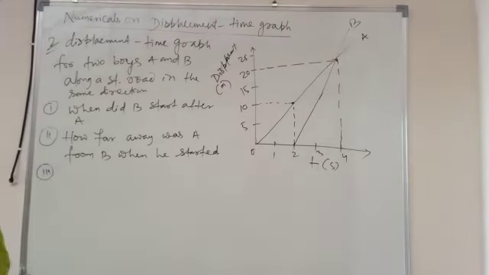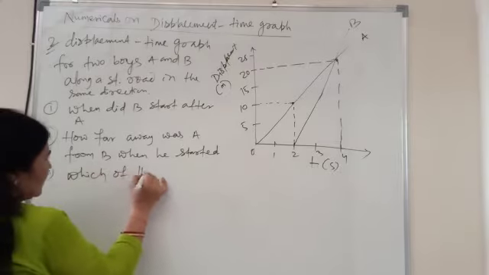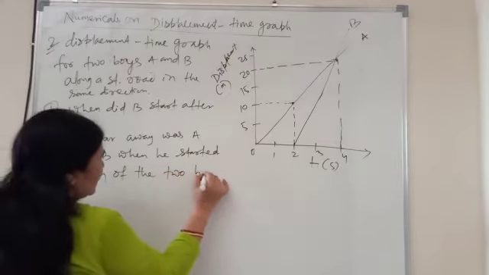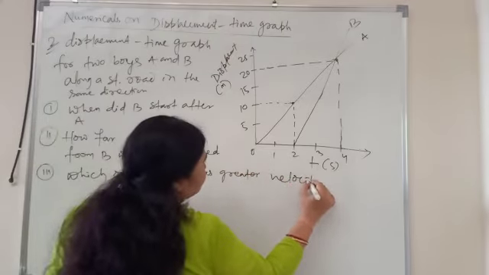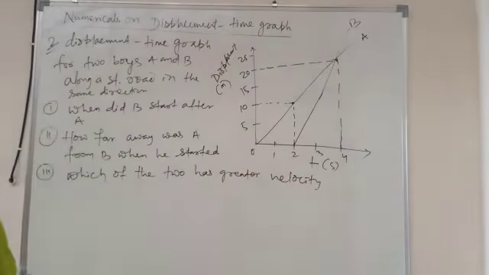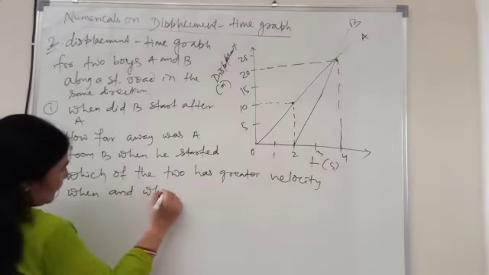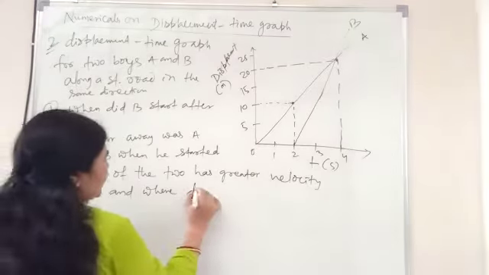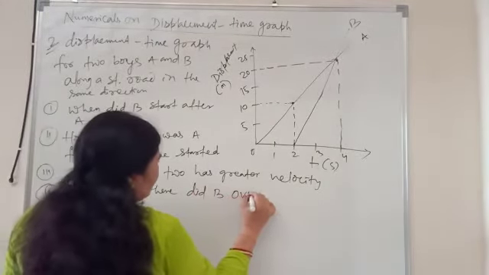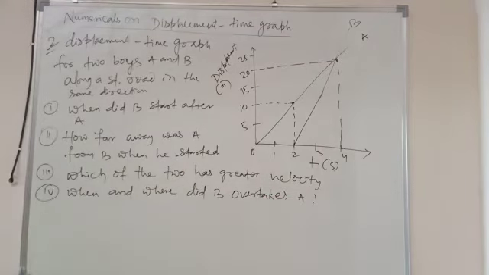Third bit is, which of the two has greater velocity? Then the fourth bit is when and where did B overtake A? Okay, these are the 4 bits of this question.